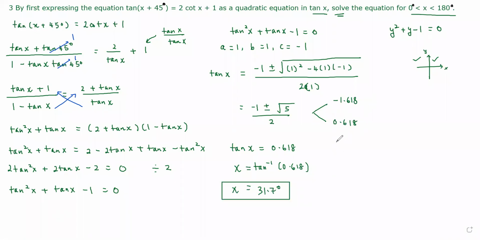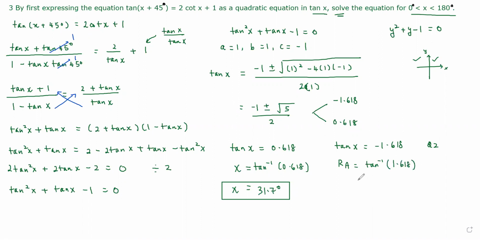The second one, we have tangent x equals negative 1.618. Tangent is negative in quadrant 2. X must be a quadrant 2 angle. And in order to find the value of x, we must find a reference angle first. That is the inverse tangent of 1.618.